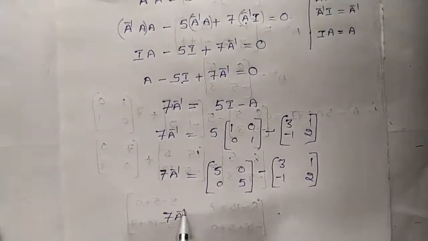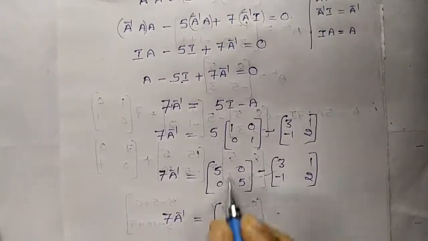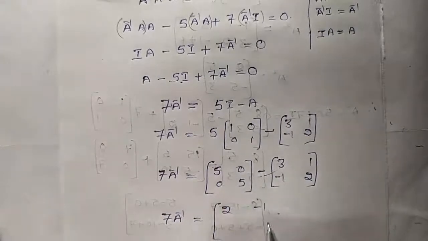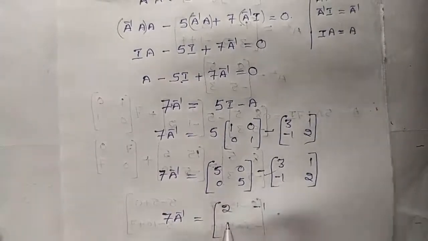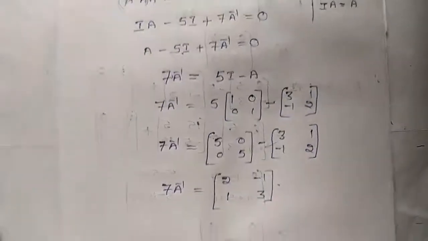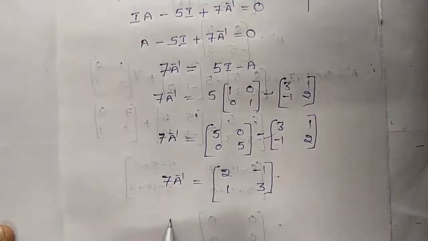7 A inverse equals 5 minus 3, which is 2. 0 minus 1 is minus 1. 0 minus of minus 1 is plus 1. 5 minus 2 is 3. We want A inverse, so send this 7 to the right.